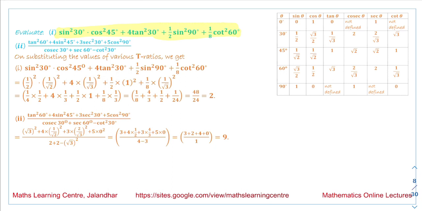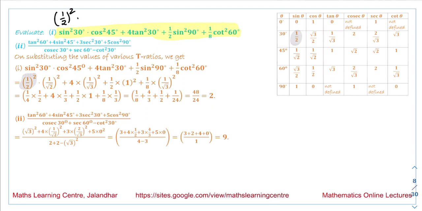So the answers we obtain: what is the value of sine 30 degrees? Looking at the table, it is 1 by 2, and it is squared over here. Next is cos 45 degrees.